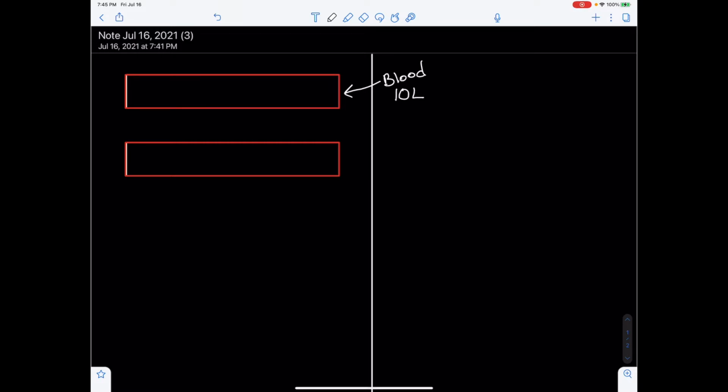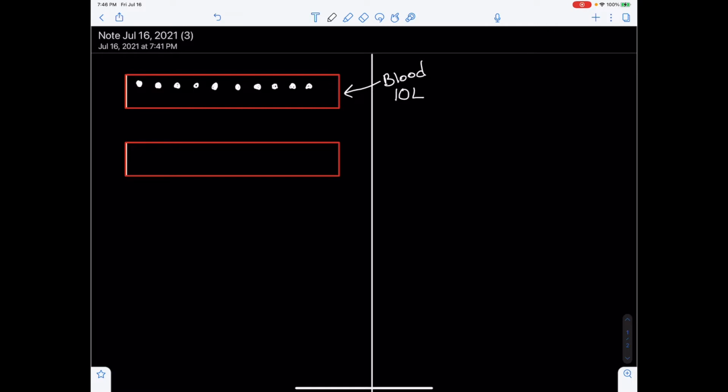So here's 1, 2, 3, 4, 5, 6, 7, 8, 9, 10. I have 10 units of drug in 10 liters of blood.